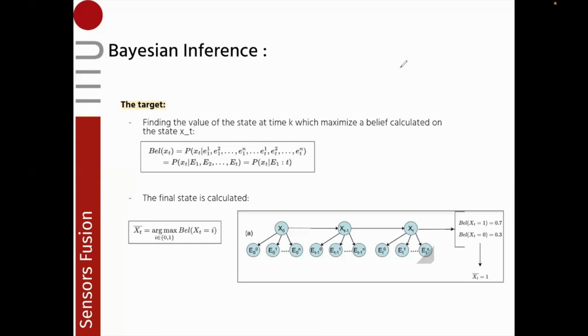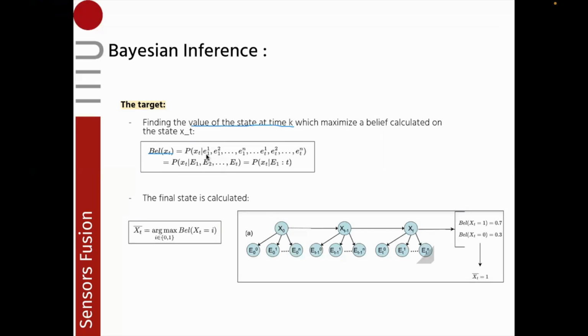So in this slide, we are going to see how a Bayesian network can help us in our target. So with the aim of determining the value of the state at time t, we build a belief function, which is actually the posterior probability.